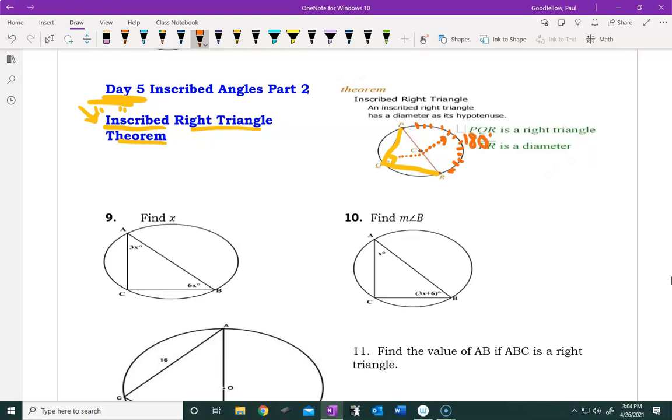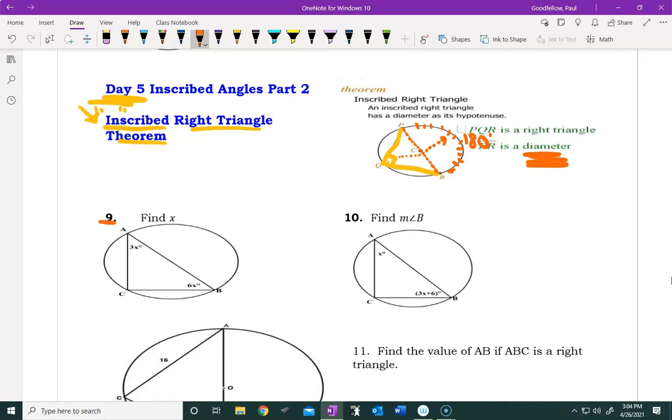And if it's 180 degrees, then this line going straight through here must be a diameter. And it ends up turning out that way. Every time you put a right triangle inside there, the hypotenuse turns out to be the diameter of the circle, which is really kind of cool.